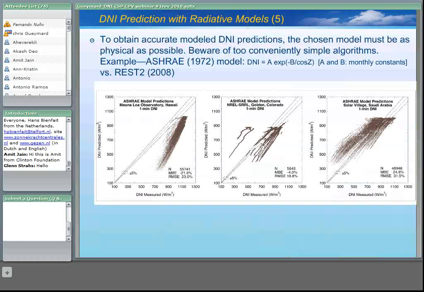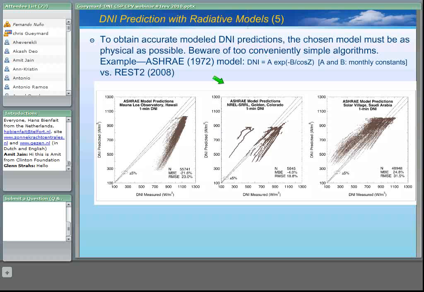It's a very, very simple model where DNI is only obtained as a product of a coefficient A by an exponential of another coefficient and the cosine of the zenith angle. So you have only two coefficients, which are monthly constants. So you have two pairs of 12 values, and that cannot be more simple than this.